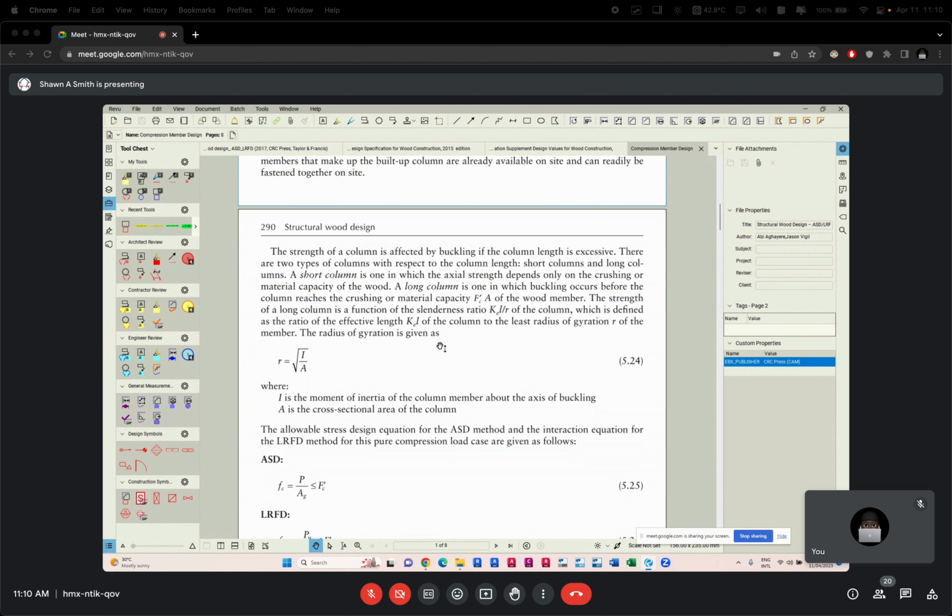Bearing in mind that we have to check the slenderness in both axes, unless you can look at the element and decide which of them is weak or strong. If you have a square element, both axes are the same. Like if you have a 4x4 column or a 6x6 column, if there are no intermediate supports along any of the axes, then both axes will be the same, so you might just need to check one.